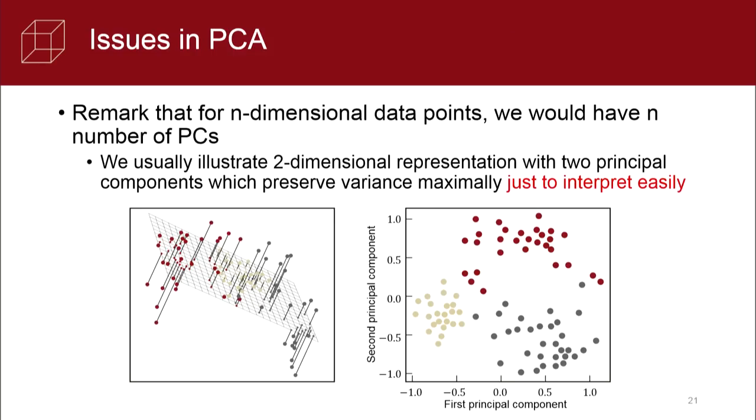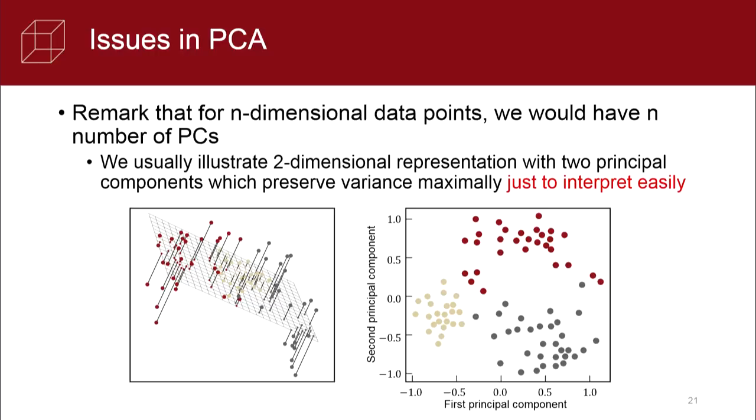Right, so we're going to talk about some issues on the principal component analysis. I'd like to remark that for n-dimensional data points, we would have n principal components. And usually, we illustrate the two-dimensional representation with the two principal components, which preserve the variance maximally, just to interpret it easily.